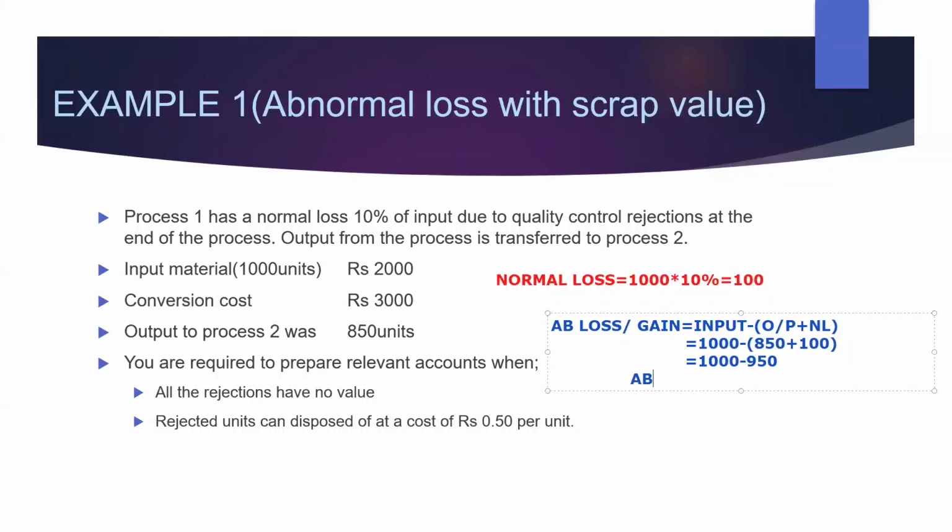So we have an abnormal loss of 50. These are the basic calculations you can do out of the data given in the question.